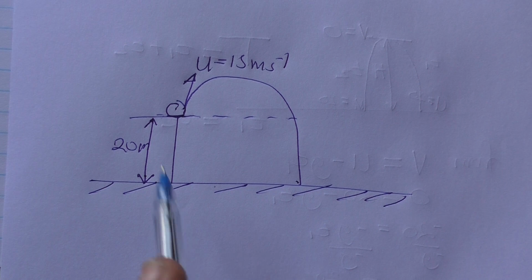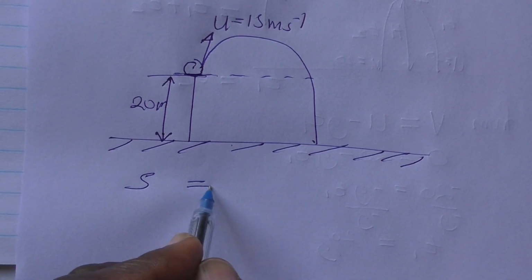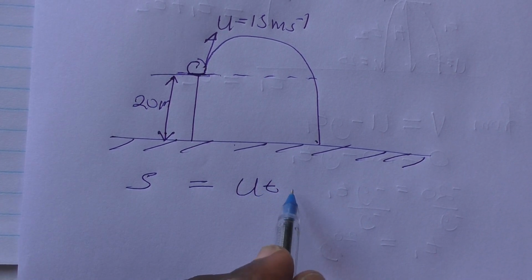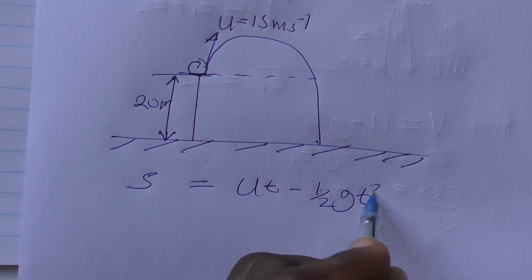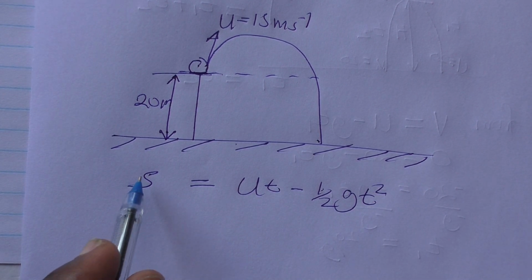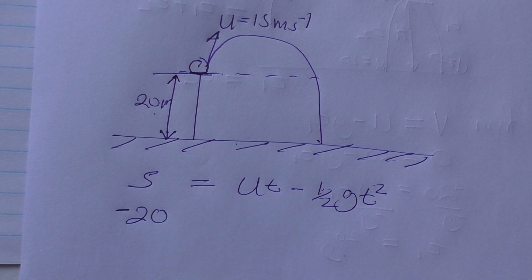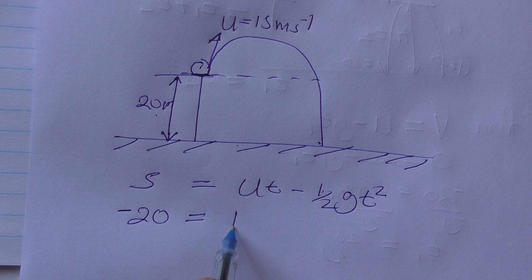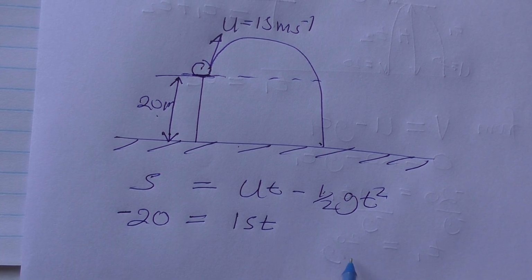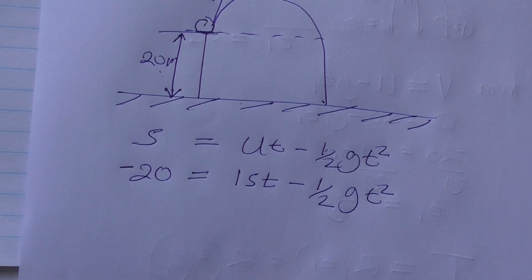Since it is below the point of projection, from s equals ut minus a half gt squared, the 20, but negative, because it is below the point of projection, equals the initial was 15t minus a half gt squared.